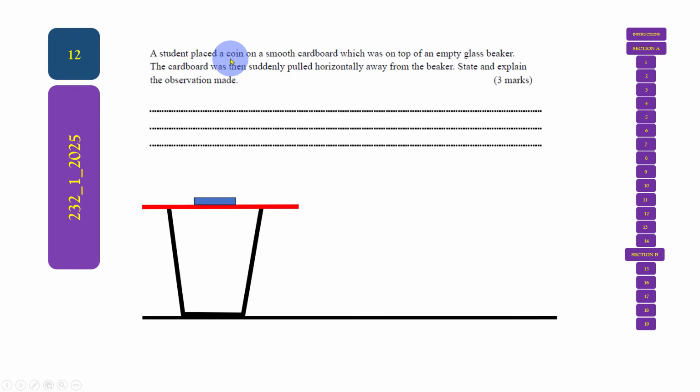A student placed a coin on a smooth cardboard, which was on top of an empty glass beaker. The cardboard was then suddenly pulled horizontally away from the beaker. State and explain the observation made. So in this marking scheme, I've tried to provide you with this diagram because this diagram describes exactly what is happening here.